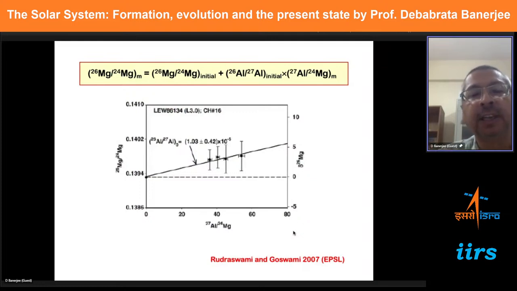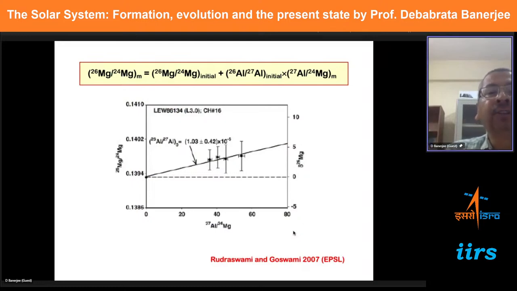From this equation, you can see here, these measurements have been done, and the slope of this graph basically gives you 26/27. This is y equals mx plus c, right? So you know this. So c is the initial value of 26/24, and then the slope, which is m, is 26/27 initial.